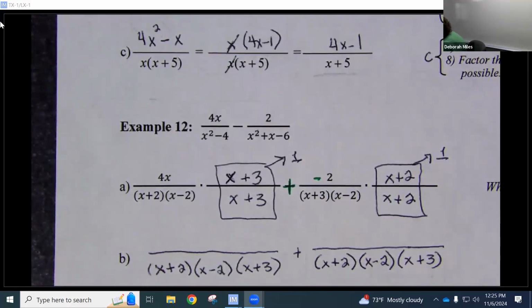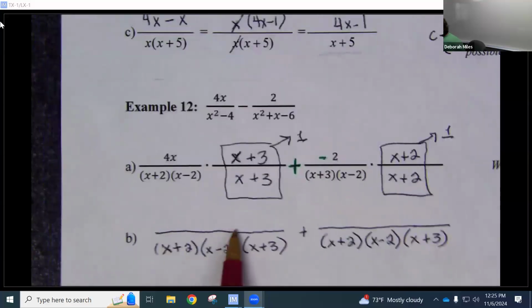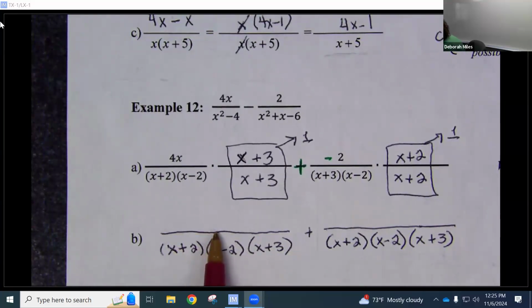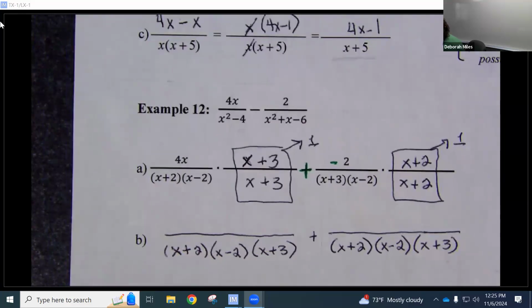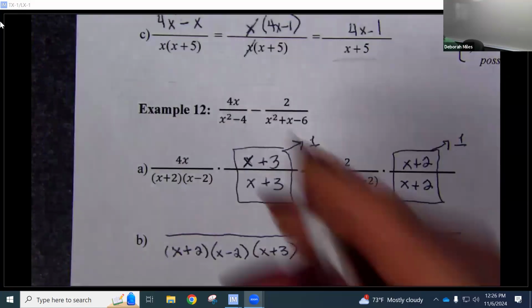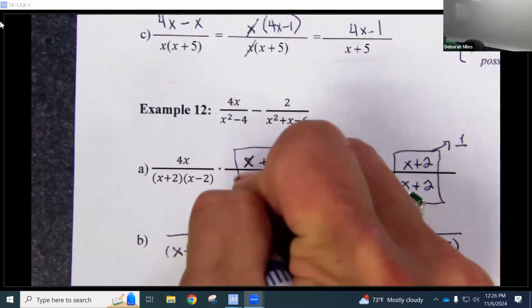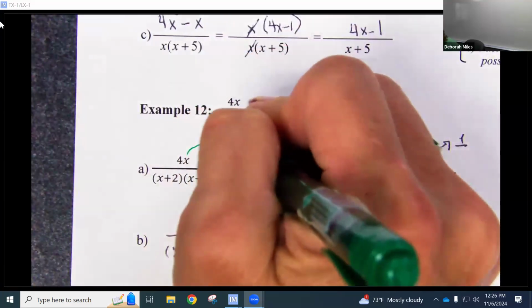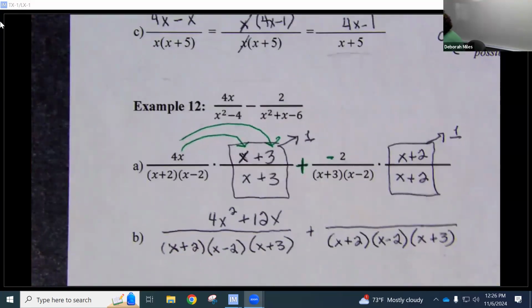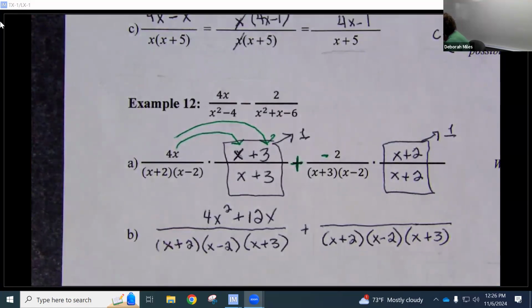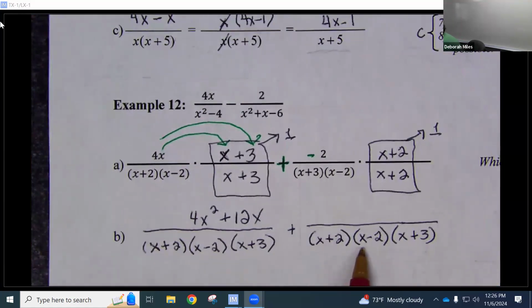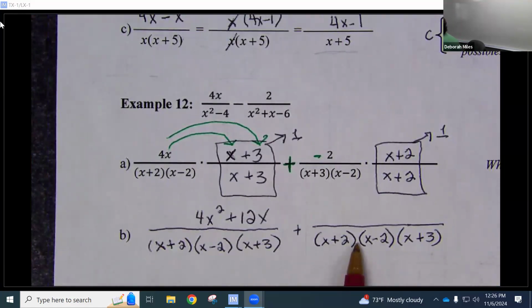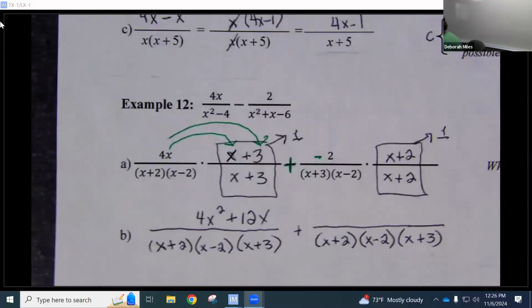All right, Mr. James, would you tell me what this first new numerator became? Plus 12. Yes, 4x squared plus 12x, because you remembered to distribute that 4x completely. And Miss Barbara, can you tell me what the second new numerator became? And what is that when you distribute the negative 2?